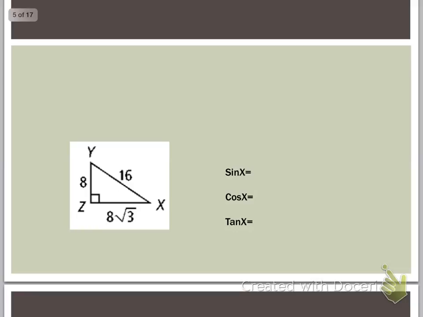This one's coming from angle X, so we're going to label this as my hypotenuse. This is the thing that's adjacent, and this is opposite because it sits across from it. So if I write out SOHCAHTOA here, sine is opposite, so 8 over my hypotenuse, 16, which simplifies to 1/2.